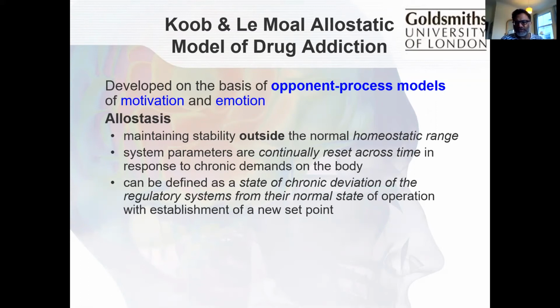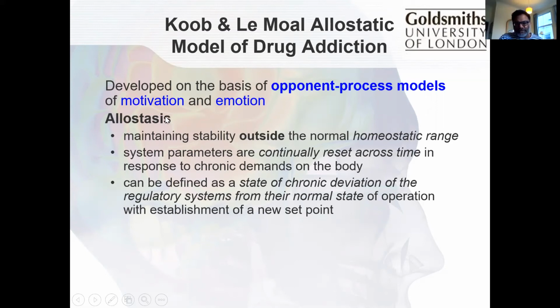So our normal homeostatic range is the response of the body to everyday events, to make sure that our blood pressure, our temperature, etc., is all normal, and there's a range so that you can fluctuate a bit, but it should stay within this homeostatic range.